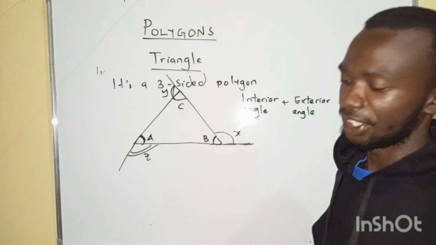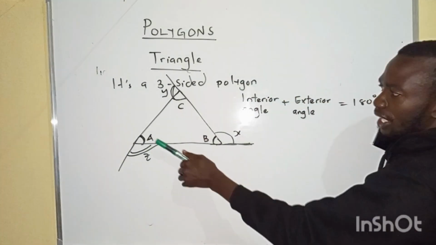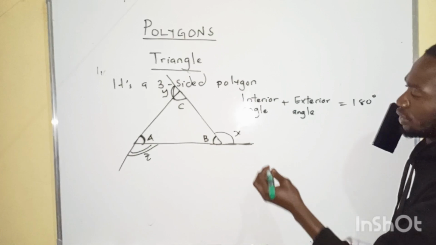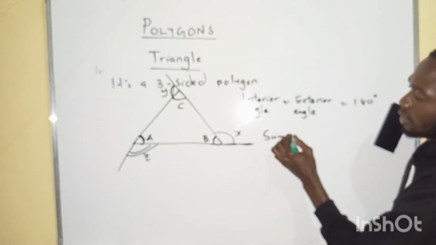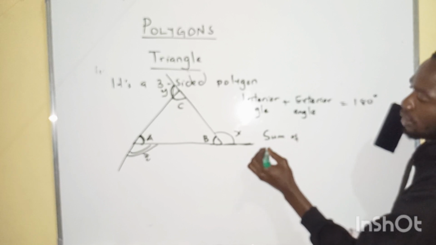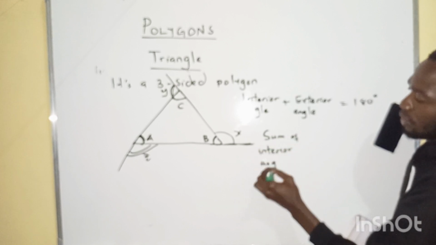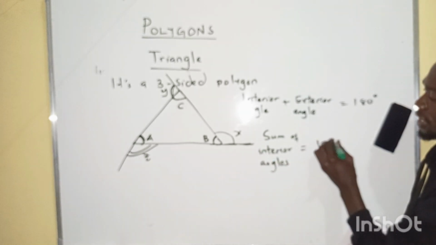That is the first characteristic. And the second characteristic: when you take angles A plus B plus C, the sum of interior angles of a triangle should always give you 180 degrees.